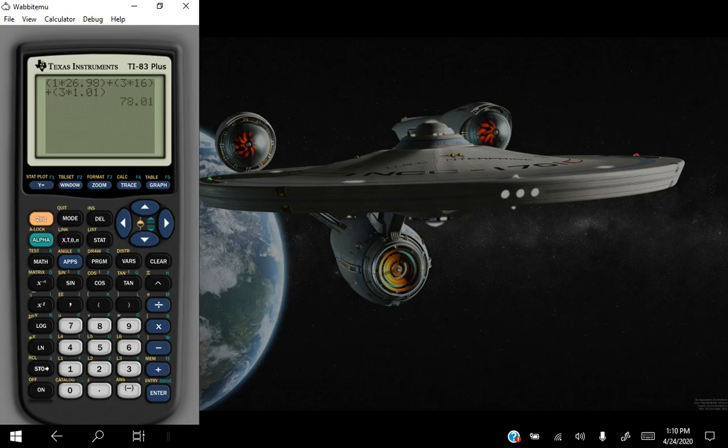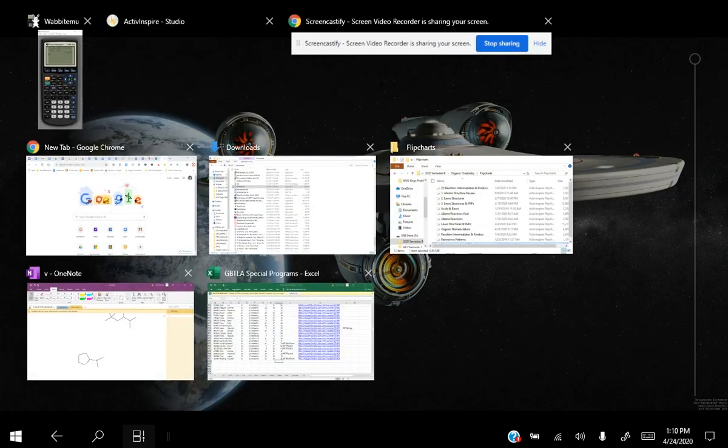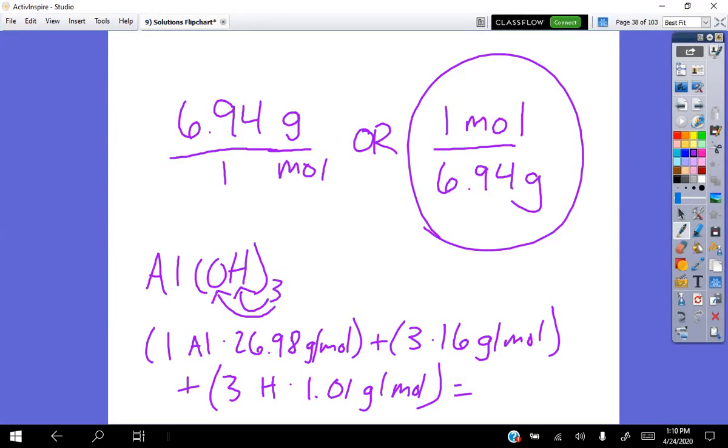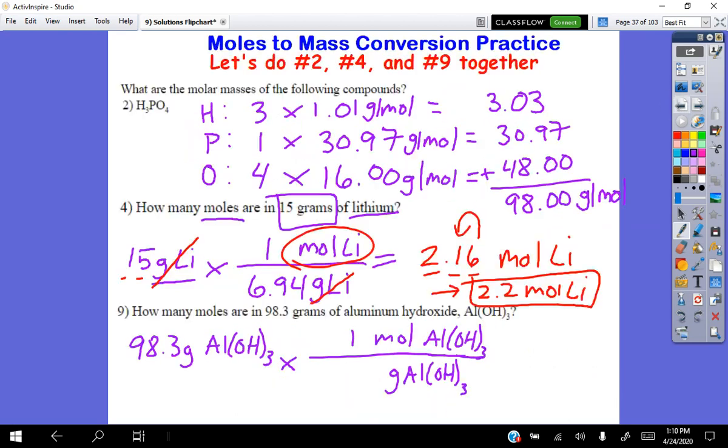Here I get a mass of 78.01 grams per mole. So I can go back to my work. 78.01 grams goes on the bottom. And I can go through and solve my problem.